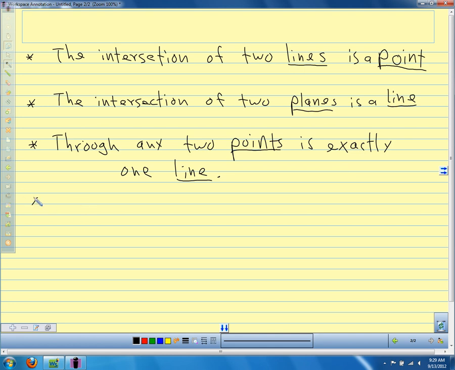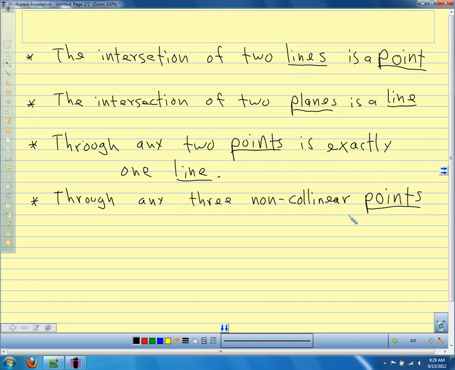And this next postulate we talked a little bit about the other day also. Through any 3 non-collinear points. So there's another one of our vocabulary words, collinear.